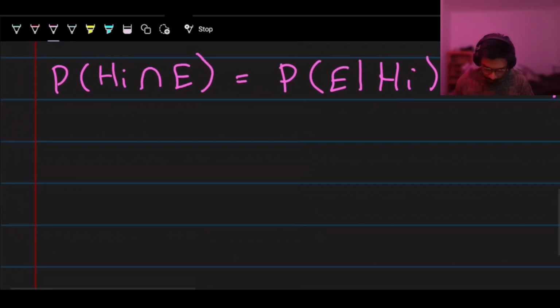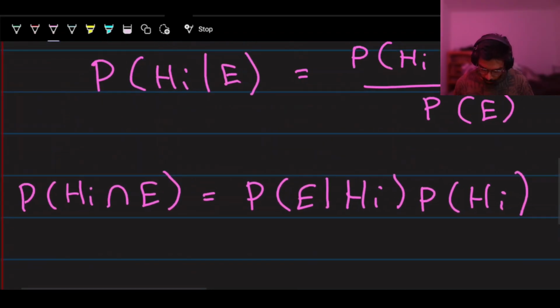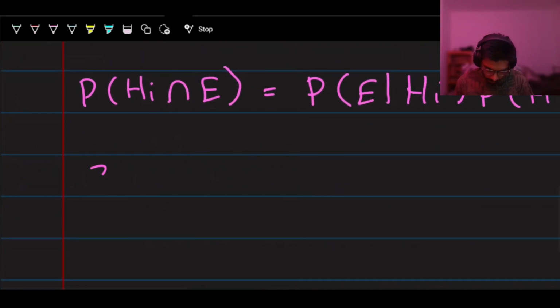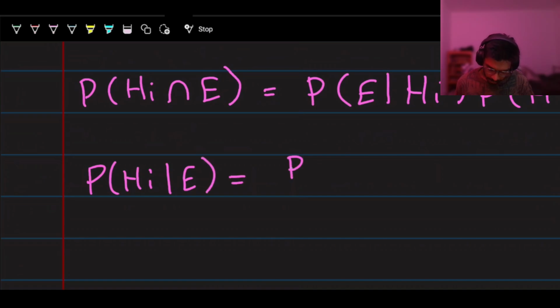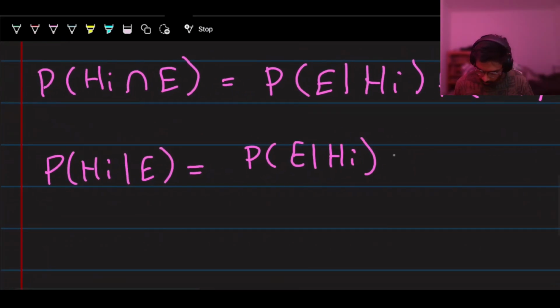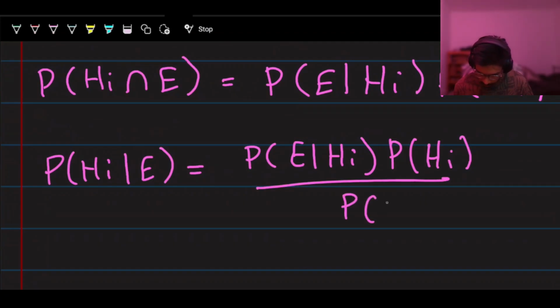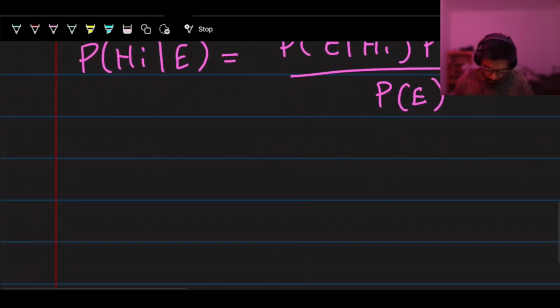And substituting that back in, we therefore have that Hi given the evidence is P(E | Hi) times P(Hi) over P(E).